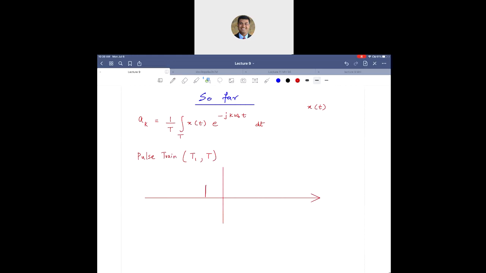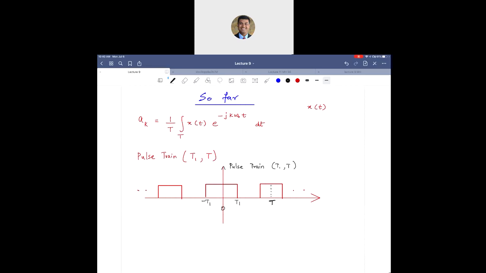T1 is right there, negative T1 is right here. This was the pulse train, T1 comma T. Why T? Because if this is 0, then that is T. So it's periodic with a time period T, and it is on between negative T1 and T1. It is centered around 0.